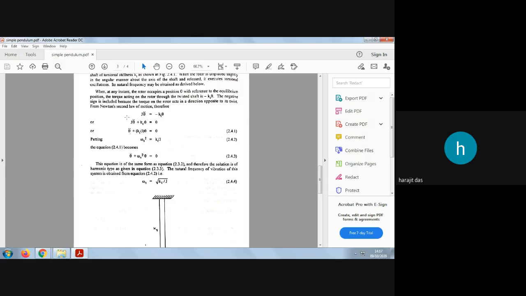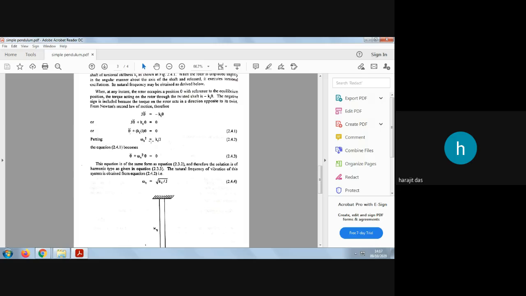Now if you rearrange, what will you get? I theta double dot, or J theta double dot, plus Kt theta equals 0. So theta double dot plus Kt by I, or Kt by J, times theta equals 0. Instead of Kt by J or Kt by I, you can write omega n square, just like the earlier examples.